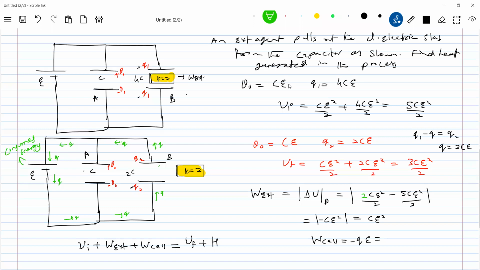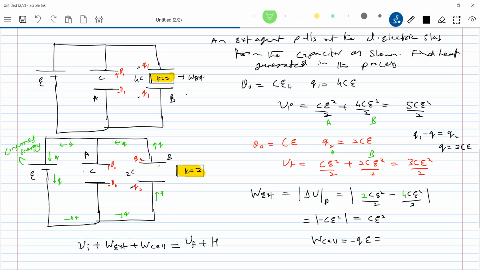I'll write it nearby so it'll be easy for us. It will be C square only.